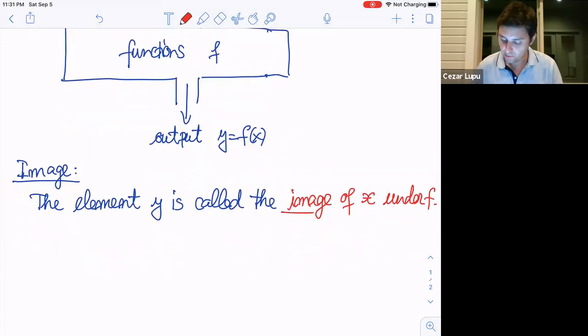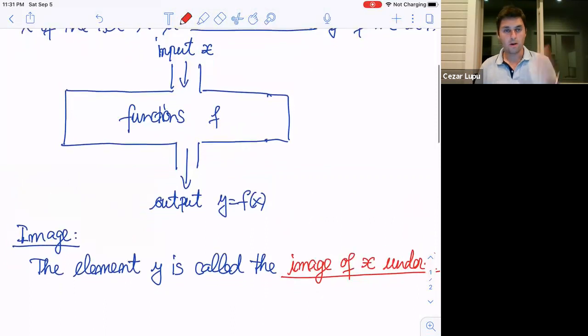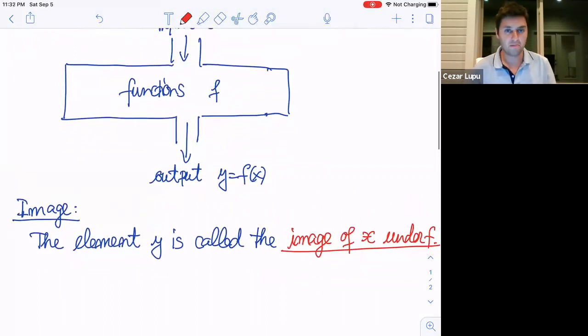So that's what you have to remember. This is what we call y, right? Again, just look at the picture. We have the input, we put the element x, and then we evaluate this element x through the function f, and we'll obtain the value y, which will be f of x. So this element y is nothing else than just the image of x under the function f.